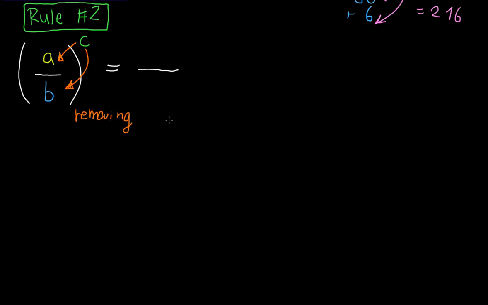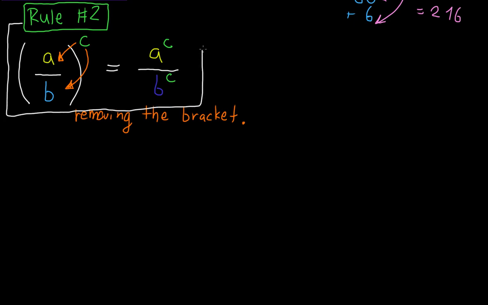So, what's the result? It's A to the power of C and B to the power of C. And that's essentially the rule. This is the entire rule: the exponent simply travels to both of the numbers.